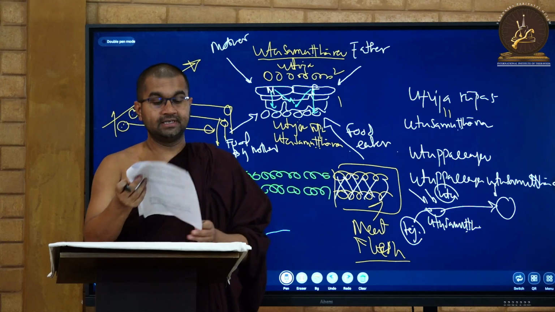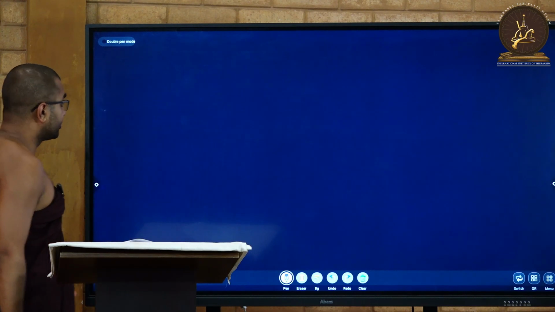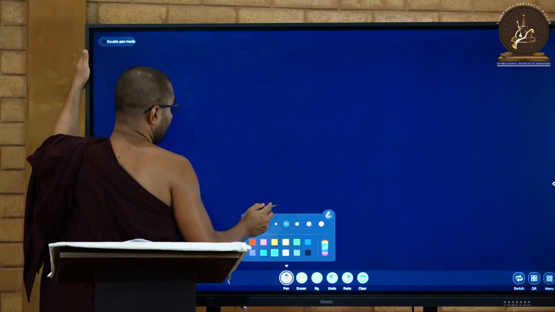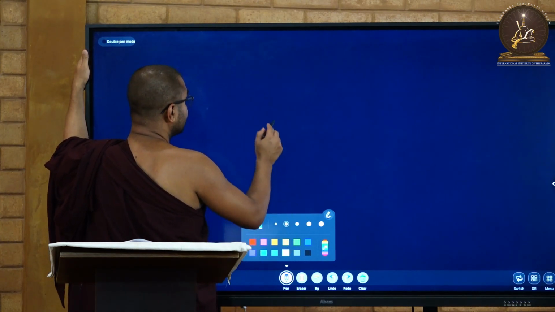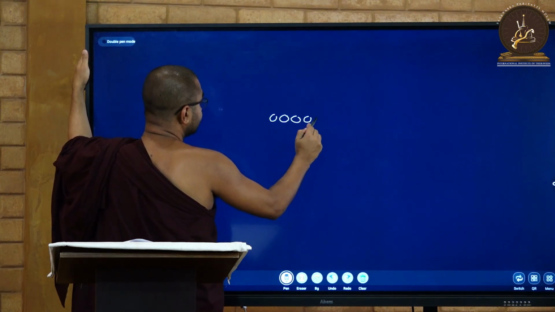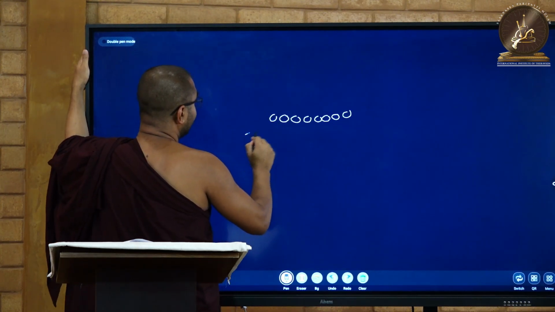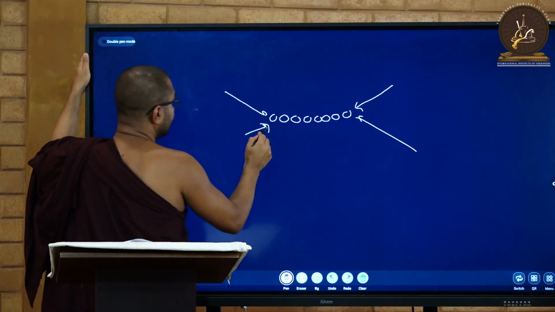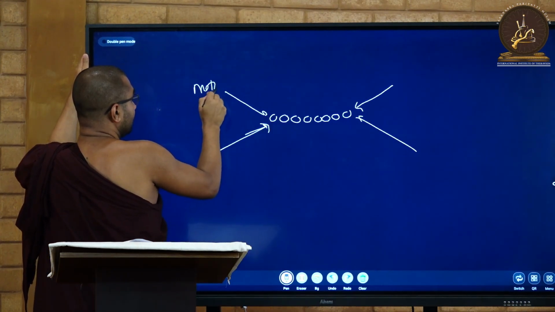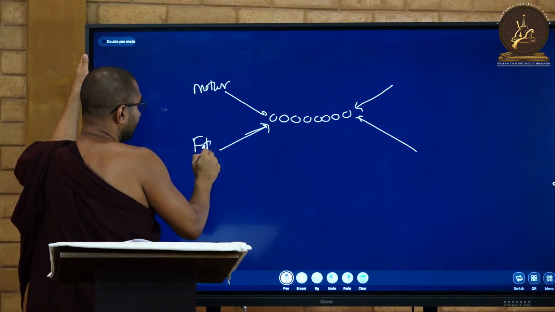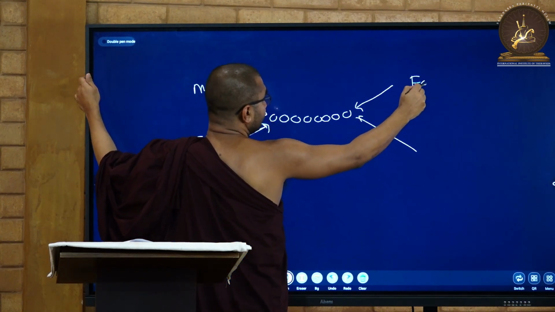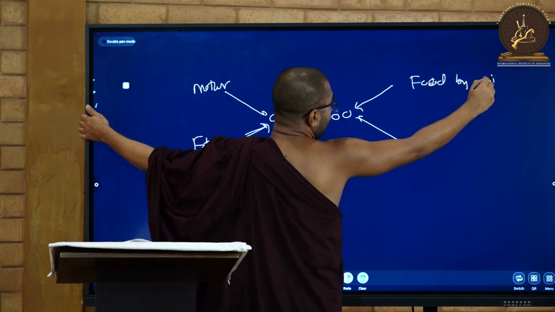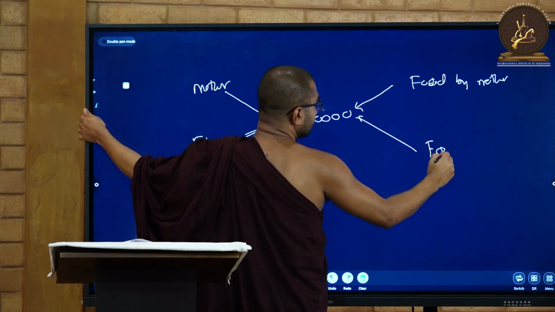Now, what happens is, we go to a new page. These are the first Utuja Rupas, they are called Utusamuttana, added from the four sources: mother, father, food eaten by the mother, and food we eat.